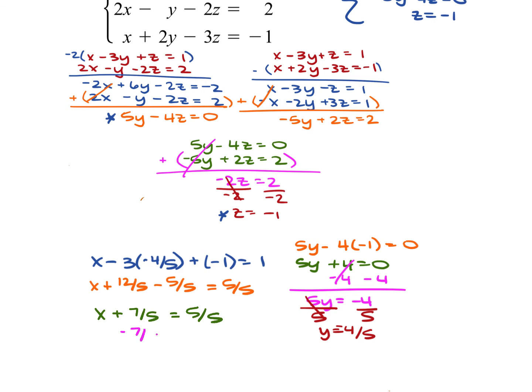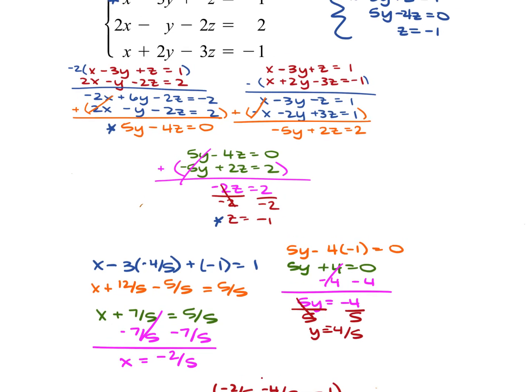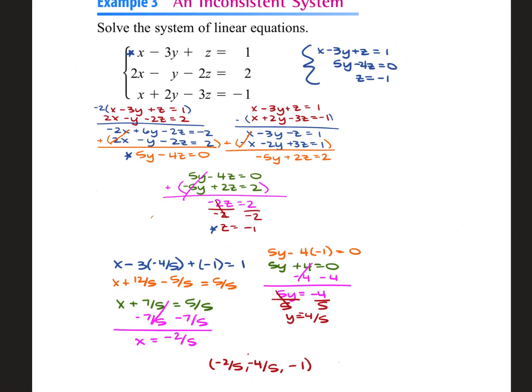We subtract the 7 over 5 from each side and get that x is equal to -2/5. So this is giving us an ordered triple of -2/5, -4/5, and -1.